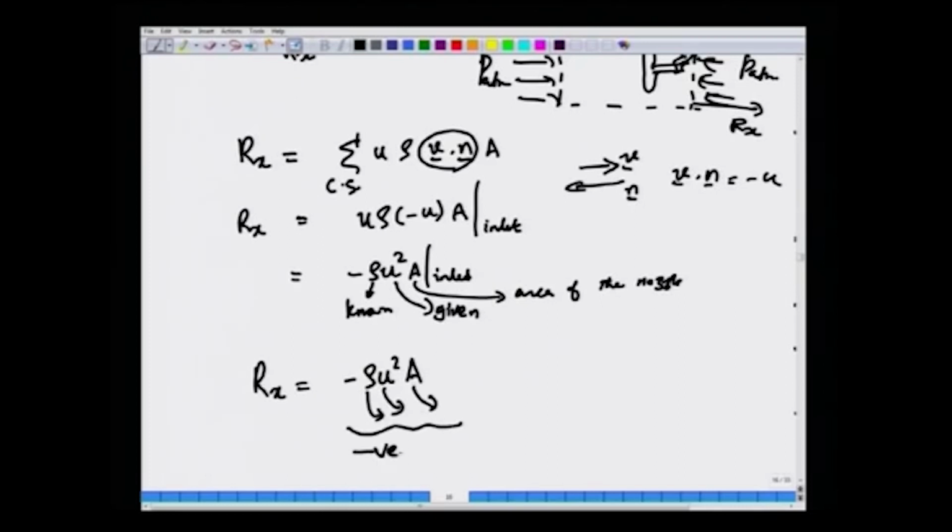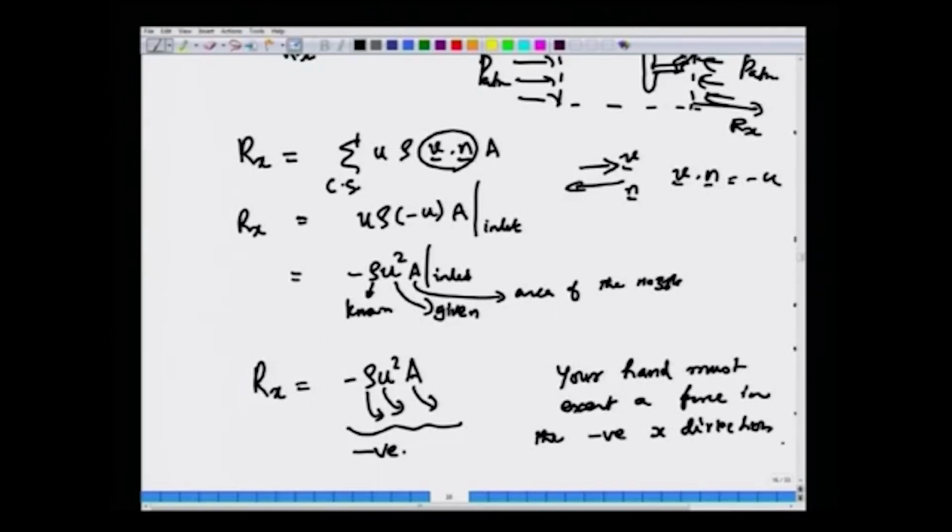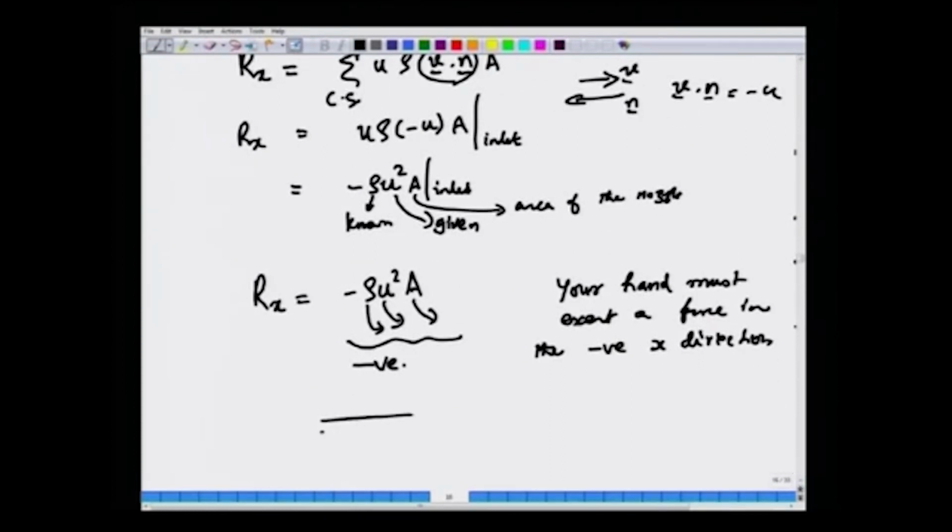So, R x is negative, that is, your hand must exert a force in the negative x direction. This completely agrees with our intuition, because the fluid jet is impinging on the surface in the plus x direction.